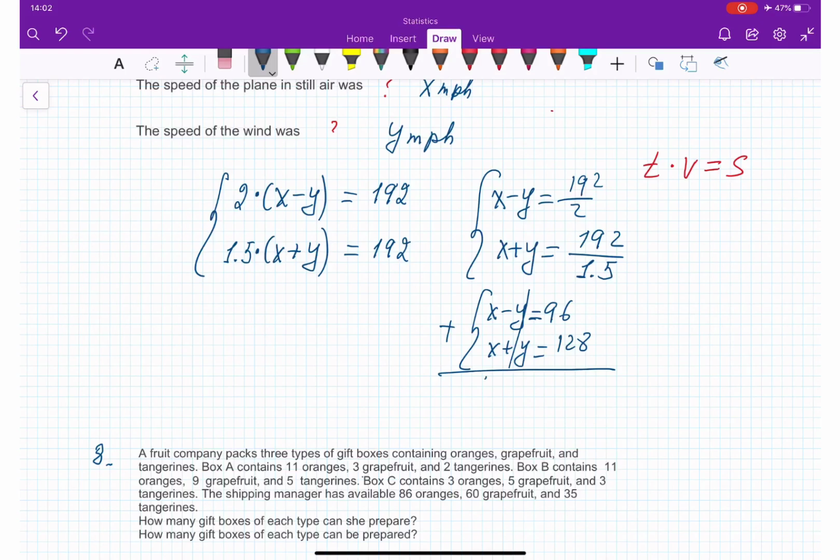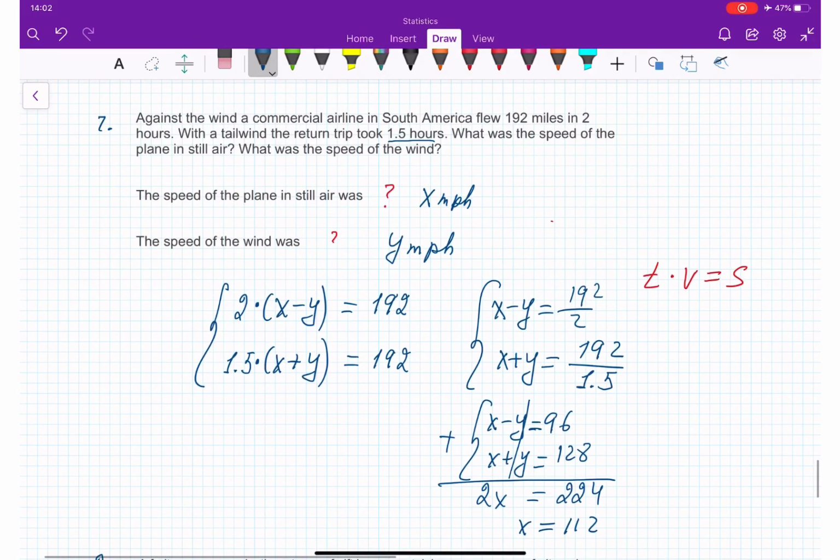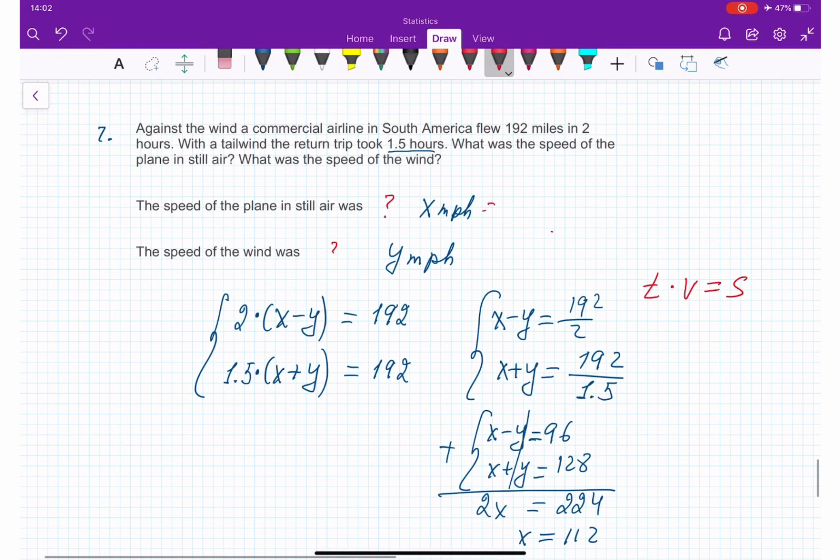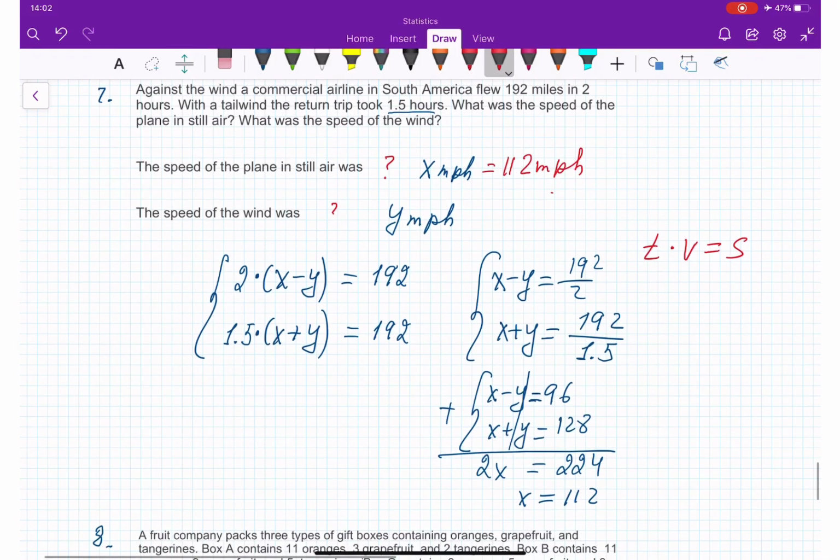I'm getting x plus x, 2x, is equal to 224. And from here, x is equal to 112, which means the speed of the plane in the air was 112 miles per hour. That's x we found.